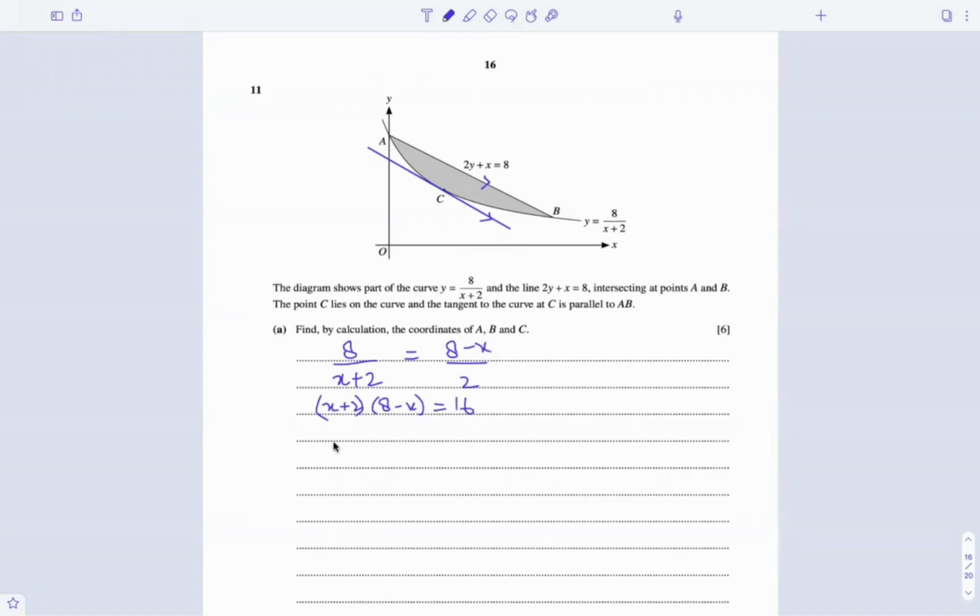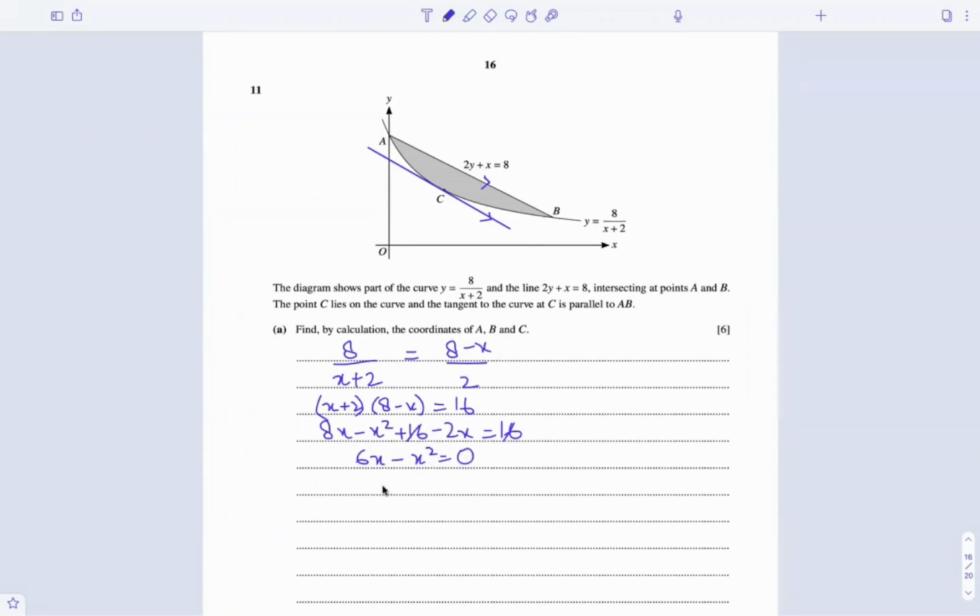Expanding this, we get 8x minus x square plus 16 minus 2x equals positive 16. 16 and 16 cancel out. We will have 8x minus 2x, which is 6x minus x square equals 0.